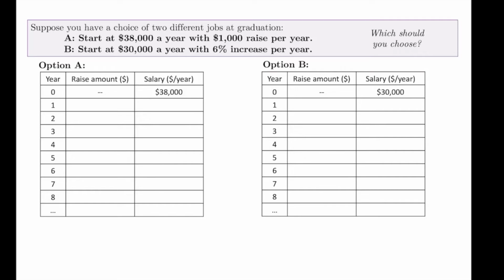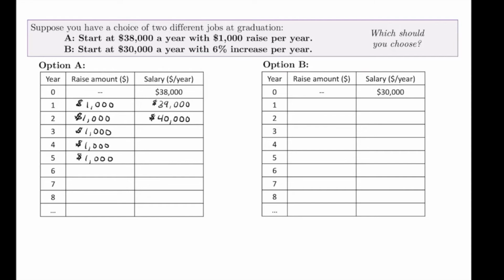Option A seems a little easier to think about. If you start at 38,000, your raise amount in your first year is going to be 1,000, so your salary the next year will be 39,000. Again, in year 2, you'll get another $1,000 raise, so your salary the year after that will be 40,000. And every year it's just the same: $1,000, $1,000, $1,000.